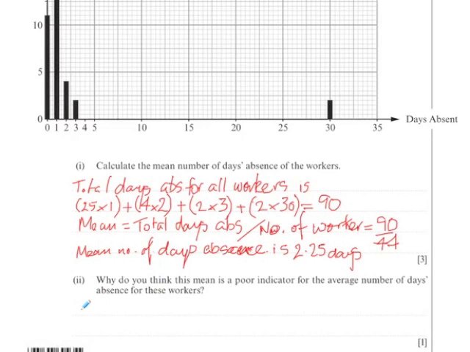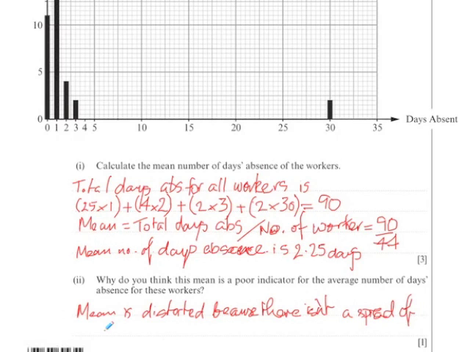So you can say mean is distorted because there isn't a spread of absences across the month.